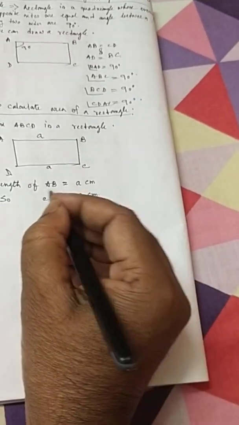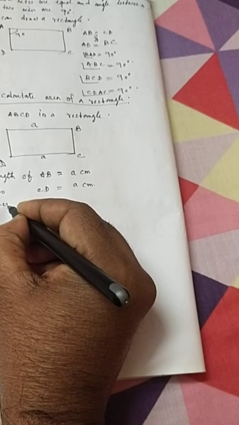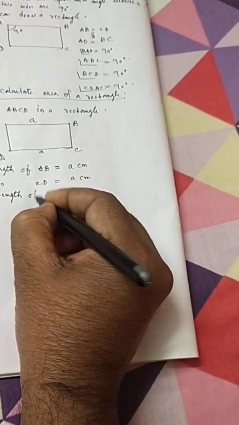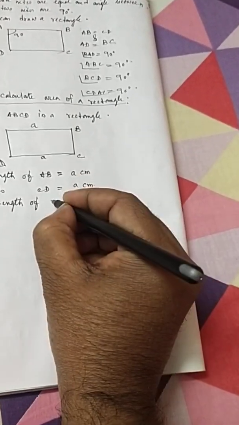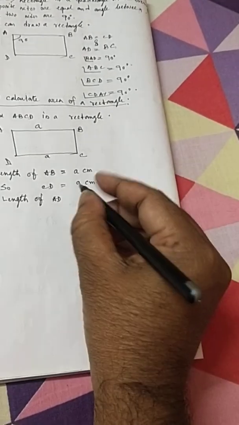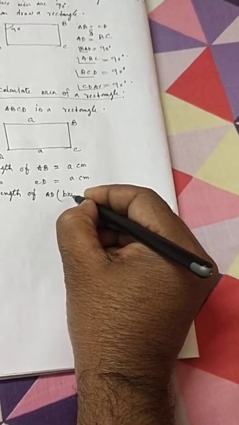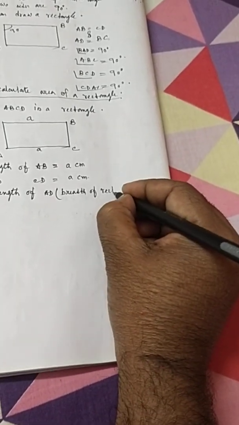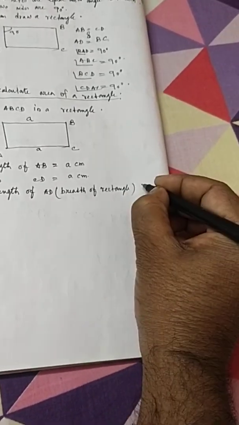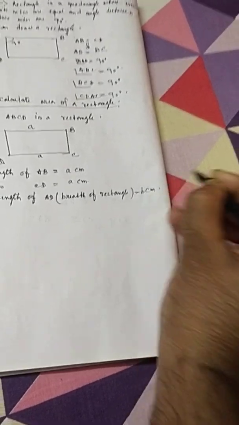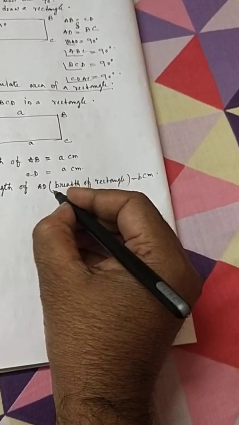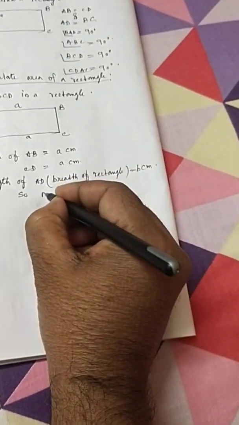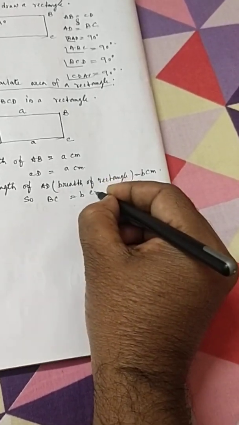And length of AD, which is breadth of a rectangle, equal to b centimeter. So BC equal to b centimeter.